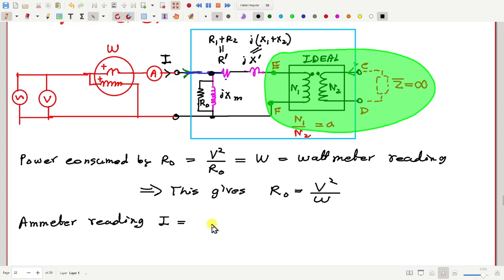I is equal to V divided by square root of, sorry, not this way, (V by R0) square plus (V by XM) square, and square root of this.